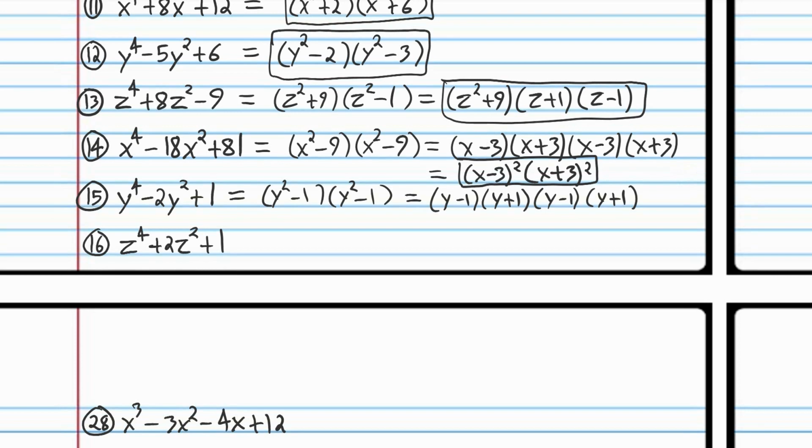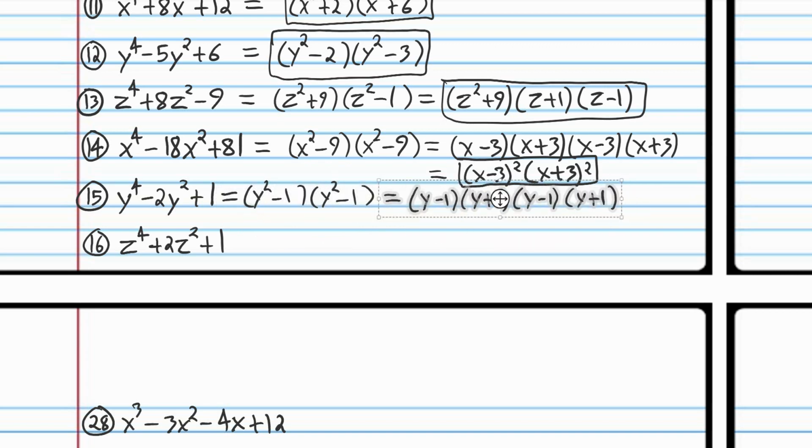And if you write that in factored notation, to write in factor notation, it would be y minus 1 squared times y plus 1 squared. So if you got that answer, good job.